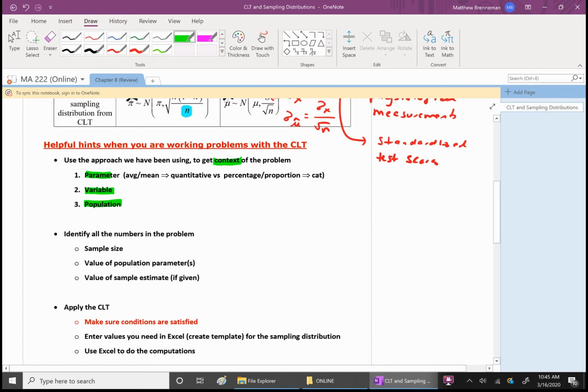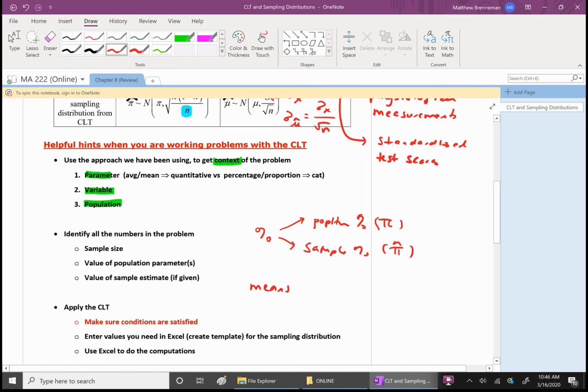One of the things you're going to have to be careful about is the fact that when you're dealing with these problems, there's two percentages and there's two means. Okay? So you're going to have a population percentage, right, which is pi, and you may have in the problem a sample percentage, which is pi hat.